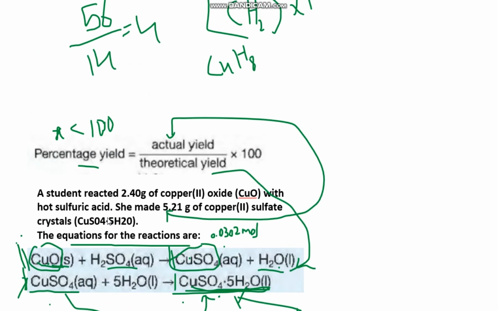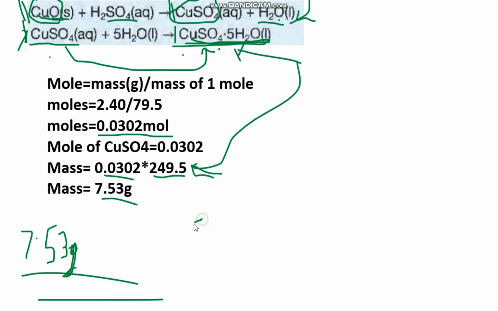And then now we have the actual yield, so we have 5.21 here as the yield, and we have 7.53 times 100.